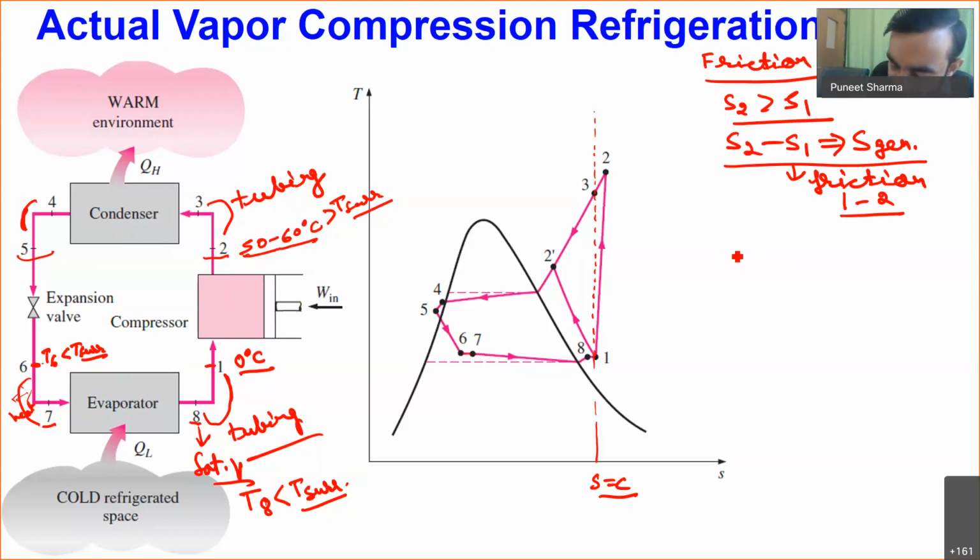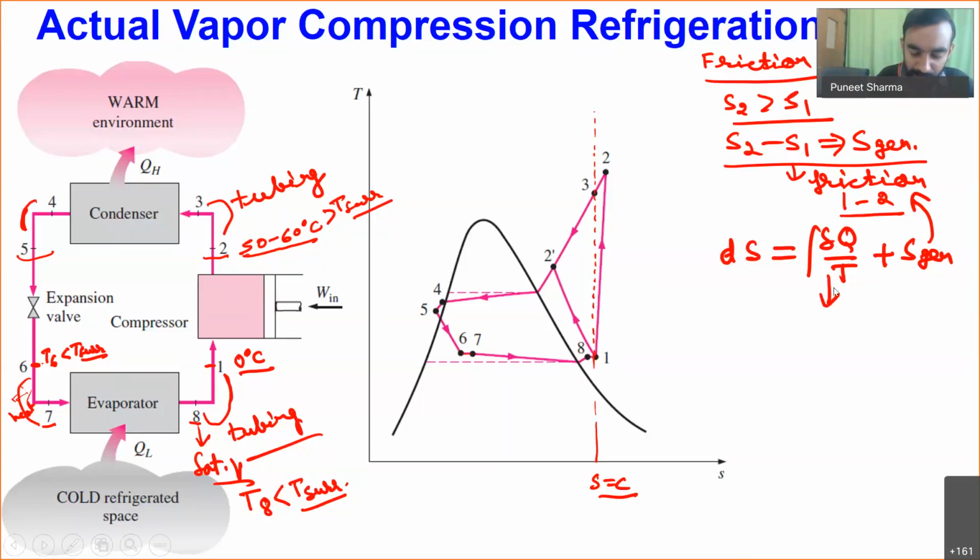So we know ds is nothing but equal to integral of del q by T plus S generation. Okay, so we have seen that the S generation part, which comes because of the friction, we are representing for process number 1 to 2 on this diagram, and we are having some del Q by T portion also. So in case of the compressor, what will be happening?